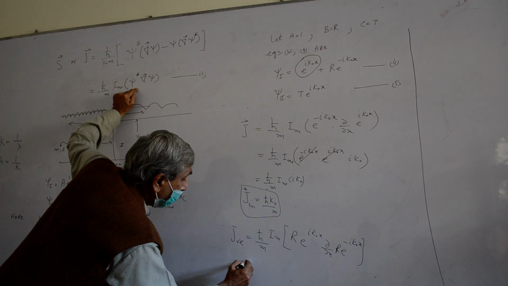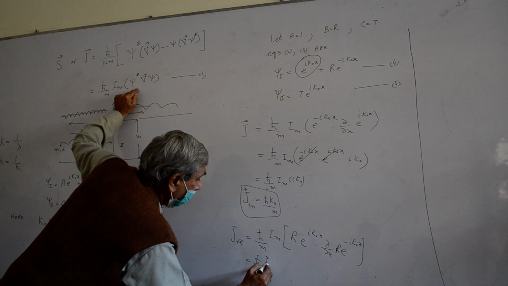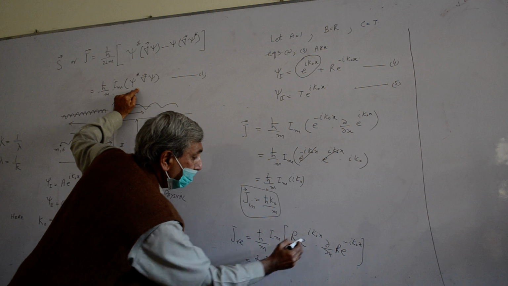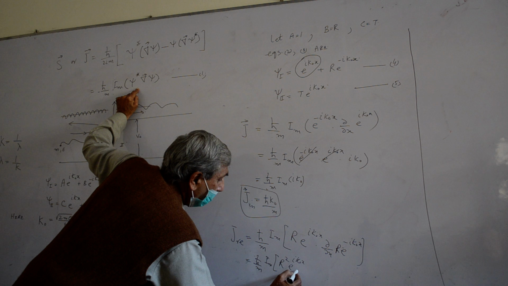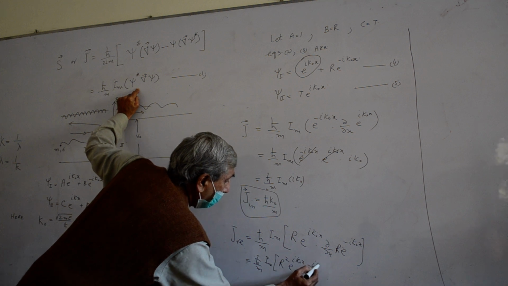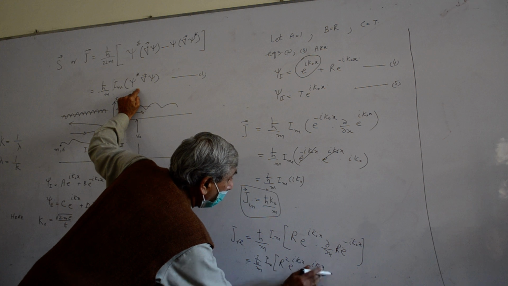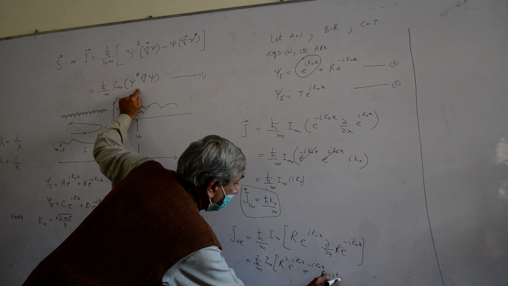Now if you simplify this, this is imaginary part of r square, e raised per i k naught x, derivative of this, minus i k naught x, into minus i k naught.